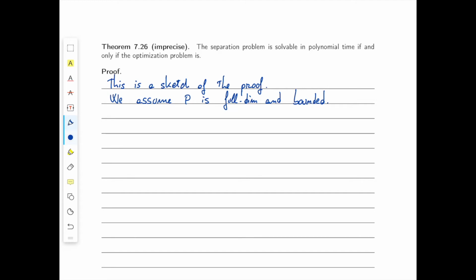We have to prove an if and only if, and one of the two directions we've already essentially shown. Let me write it here. The first one is that polynomial separation over the polyhedron P implies polynomial optimization over the same polyhedron P. And this follows from the ellipsoid algorithm.